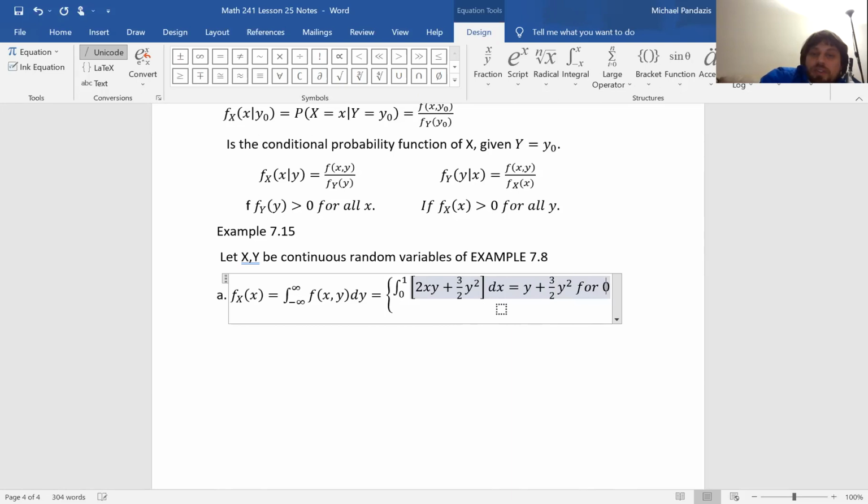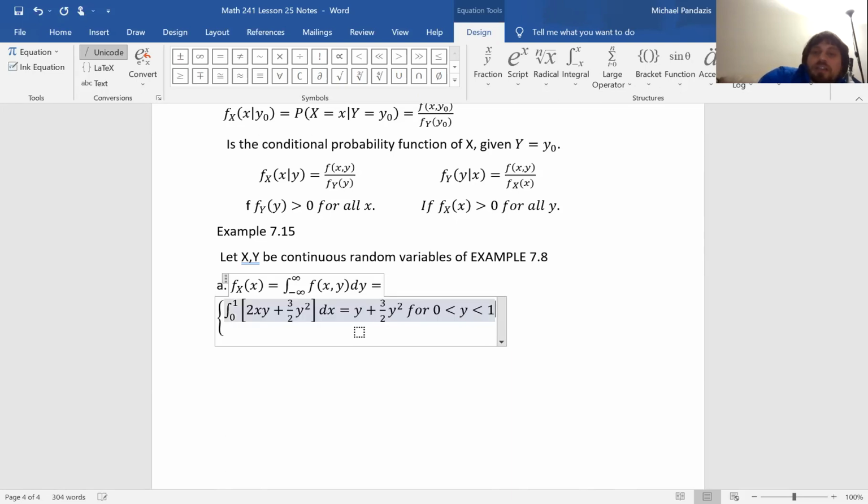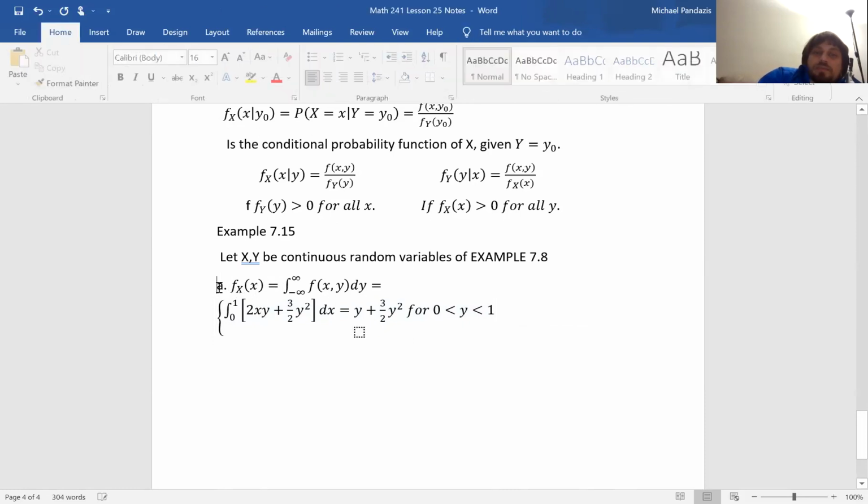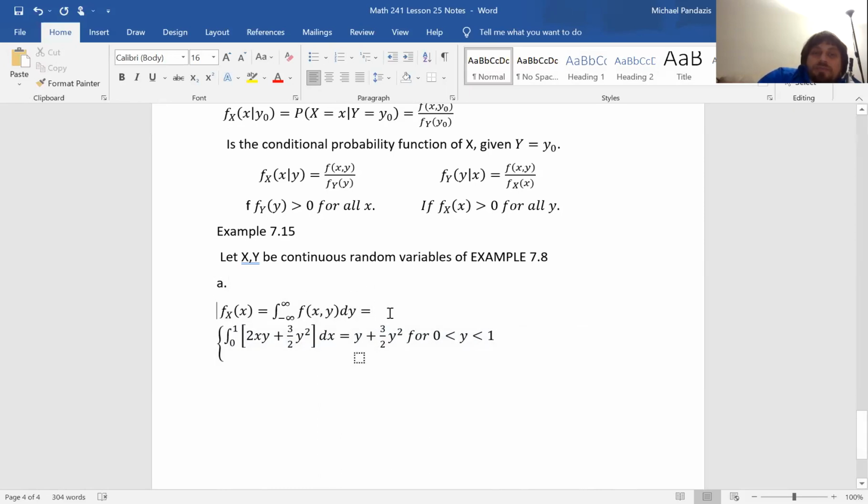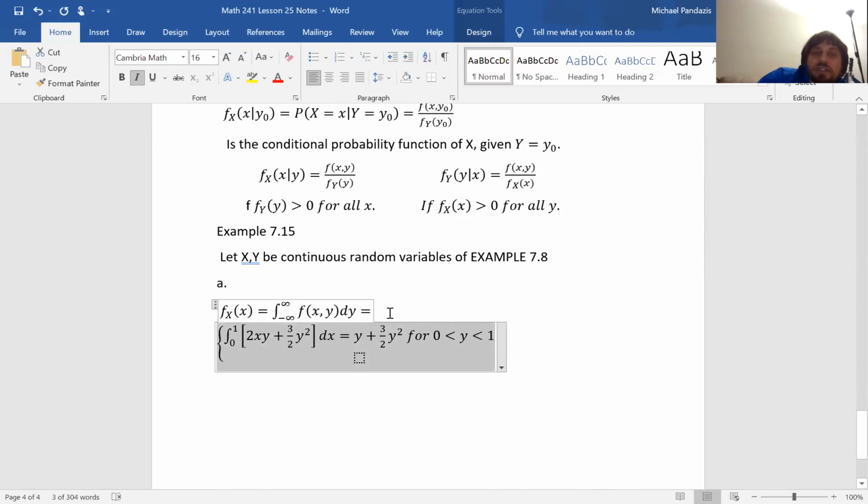This is for 0 less than y less than 1. Just want to put this on one line here. Okay, it's not working, so it's going to have to be like this. And it's 0 elsewhere.